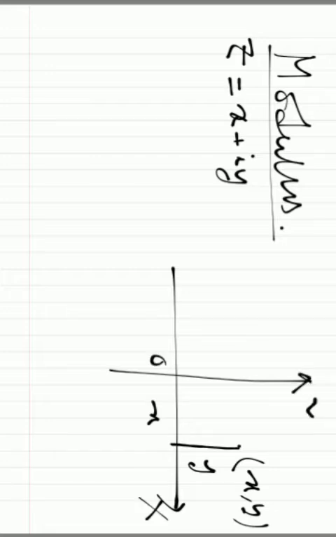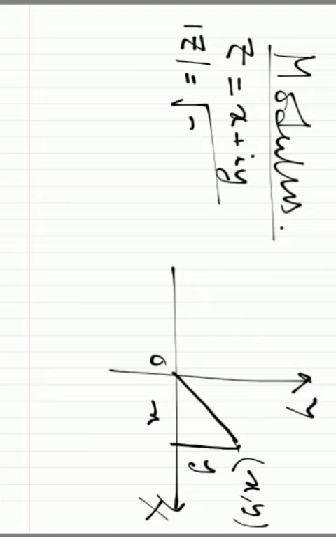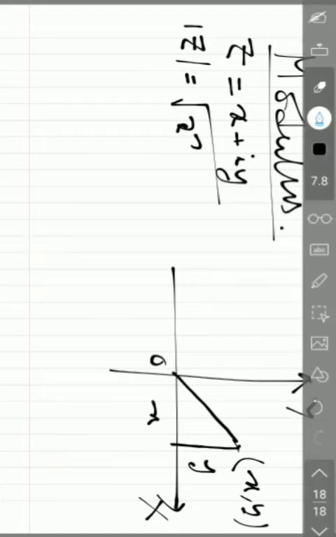So the modulus for this complex number z is denoted by this mod sign, and it is defined to be the distance that we can get by joining the origin to the point. So easily applying the Pythagoras theorem, we can find the expression for mod z, that is nothing but root over of x square plus y square.